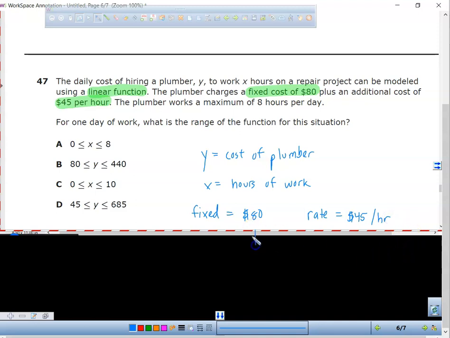Which one of these represents the slope and which one of these represents the y-intercept? What would you guys say? Oh, when I'm talking about y equals mx plus b, where m is the slope and b is the y-intercept. Which one of those is the y-intercept and which one is the slope? What do you guys think?